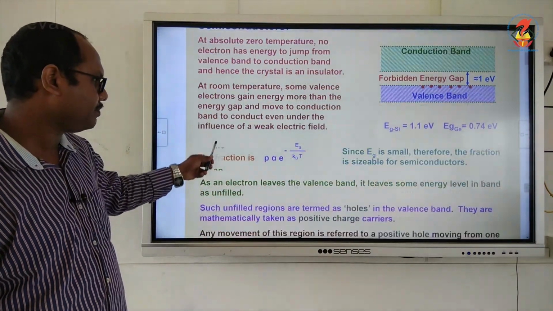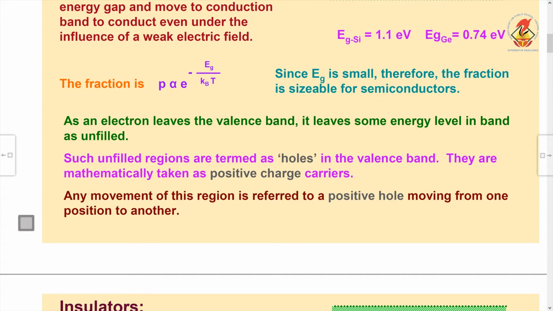Now, as an electron leaves the valence band, it leaves some energy level in the band unfilled. Such unfilled regions are termed holes in the valence band. They are mathematically taken as positive charge carriers.